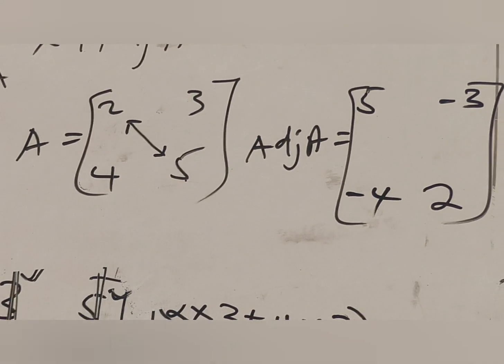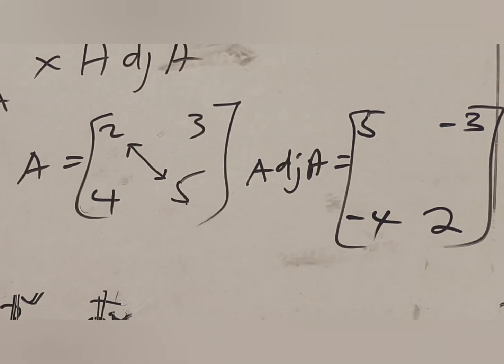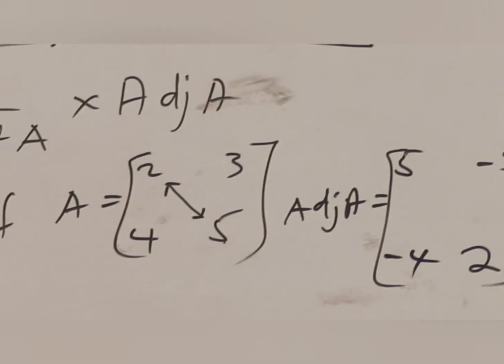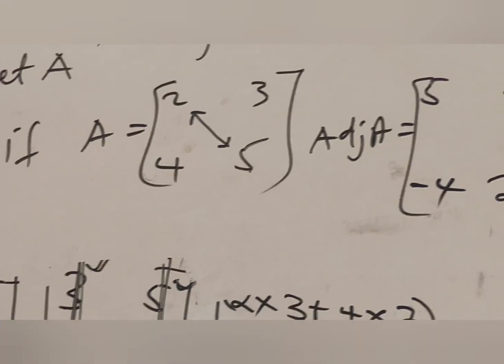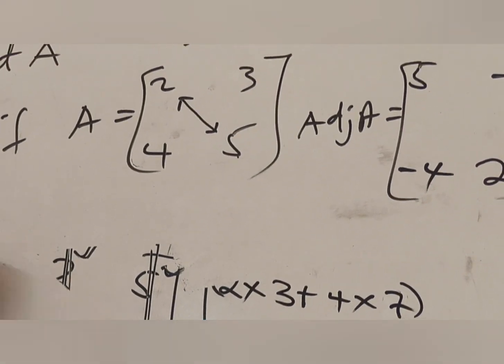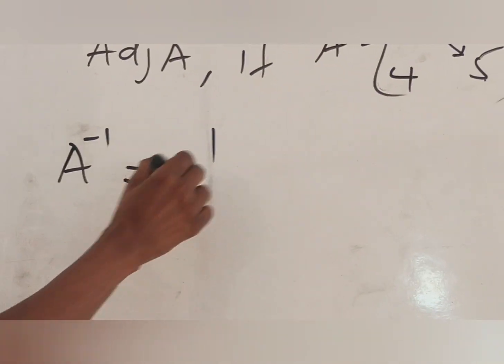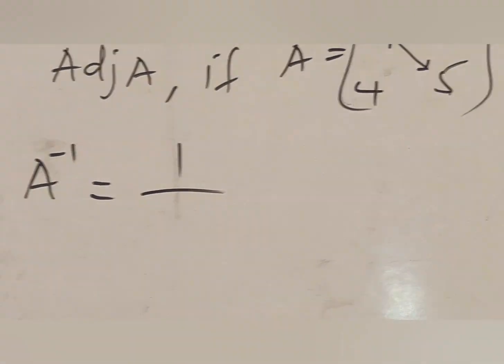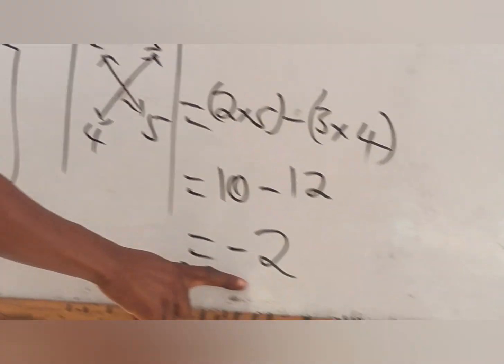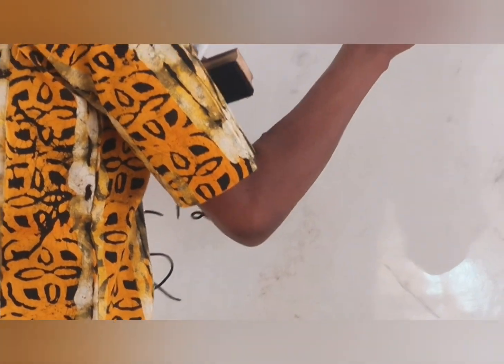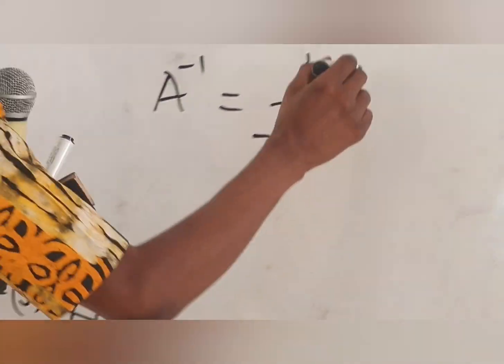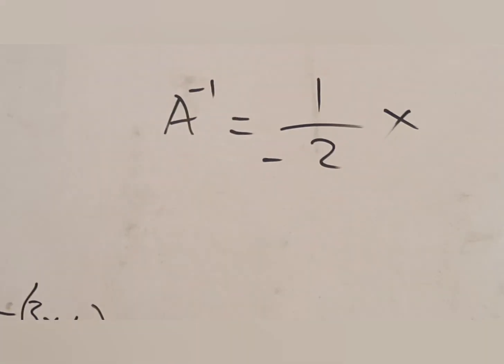So once you know your adjunct and your determinant, you can now find your inverse. We are fortunate we are using the same question. So the inverse of A is 1 over the determinant. We found the determinant already. What did we get? Negative 2, times the adjunct.